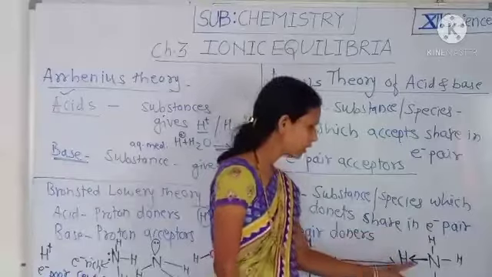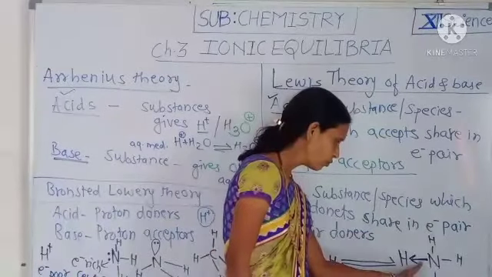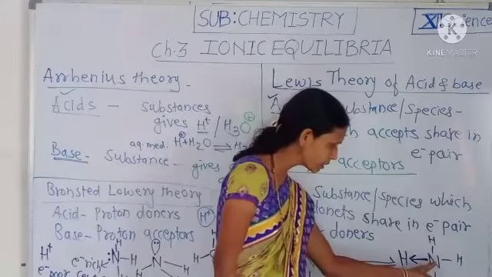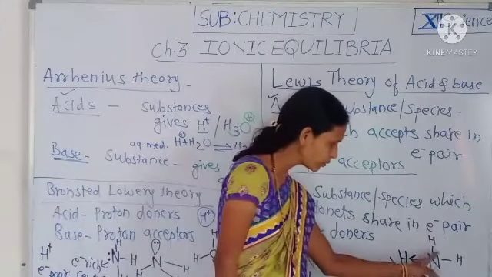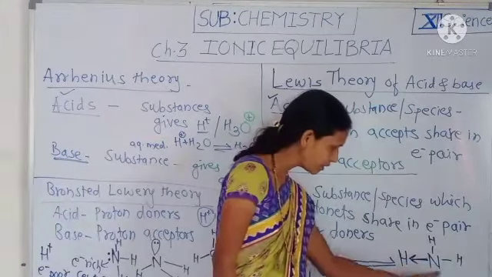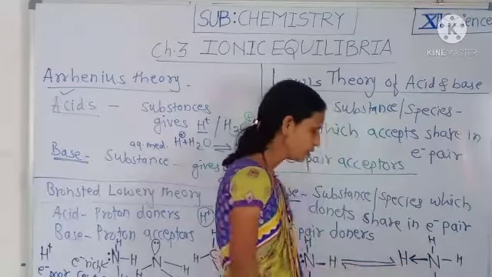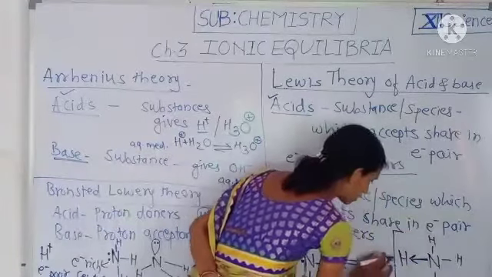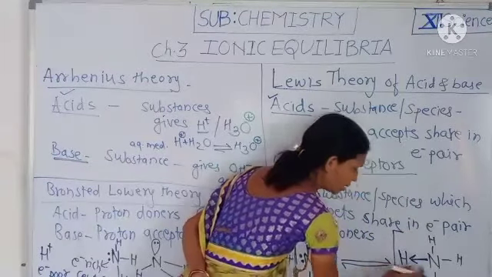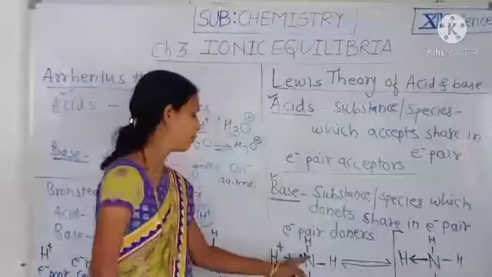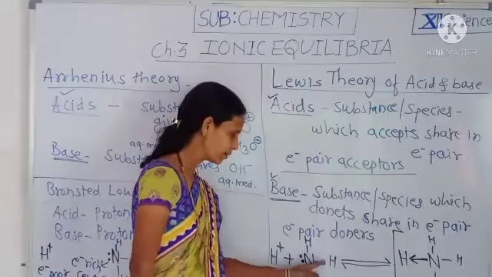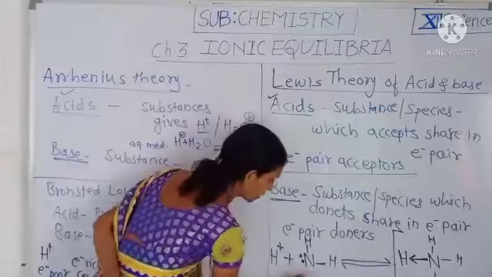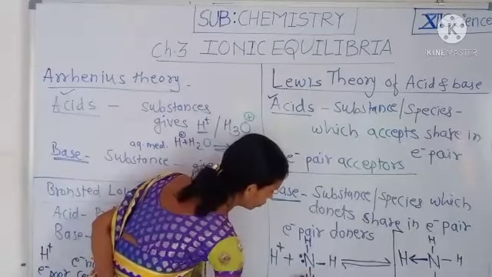Then see here, now 4 covalent bonds are formed, or the 4 valencies of nitrogen are satisfied by 4 covalent bonds. Therefore nitrogen in ammonia acts as an electron pair donor.